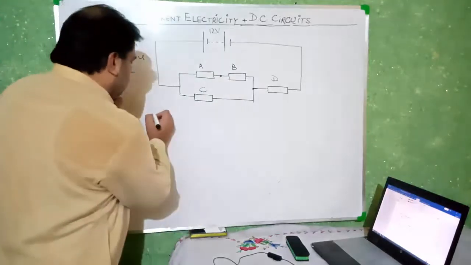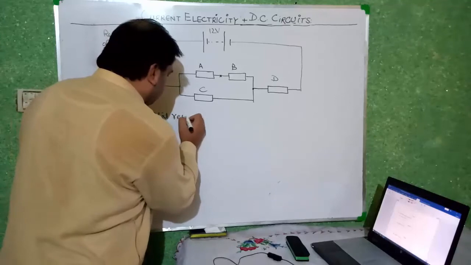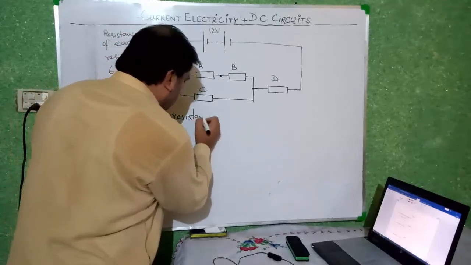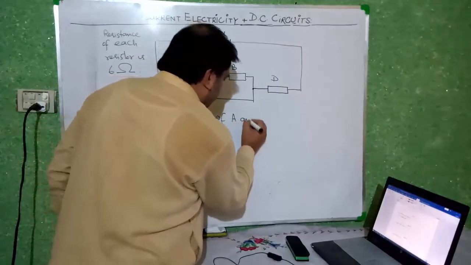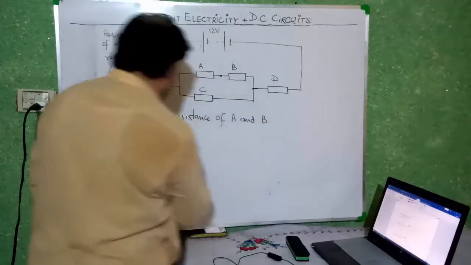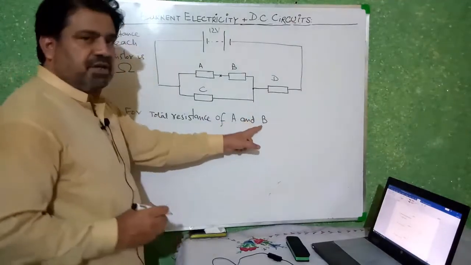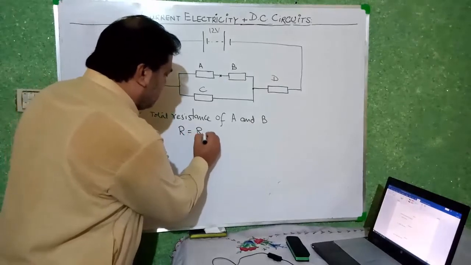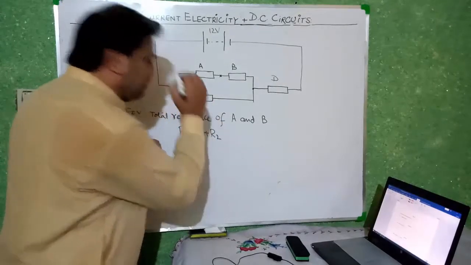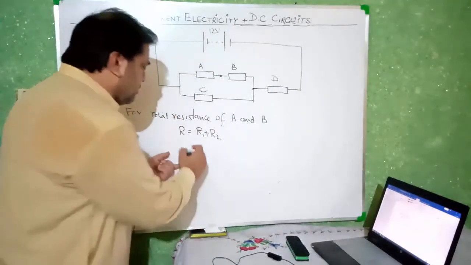So we have to use the formula for the total resistance of A and B. Because they are connected in series, the formula for the series combination is R is equal to R1 plus R2.